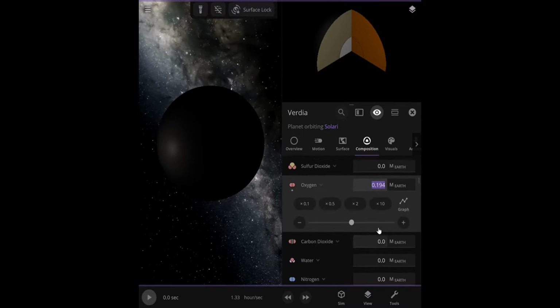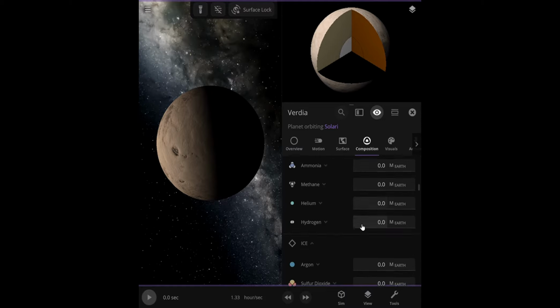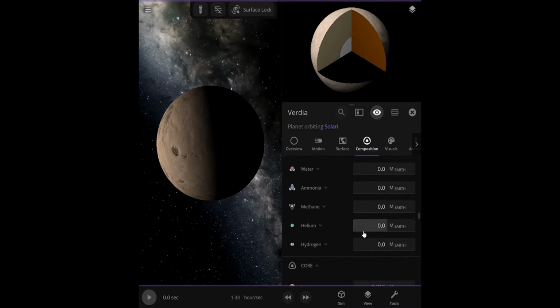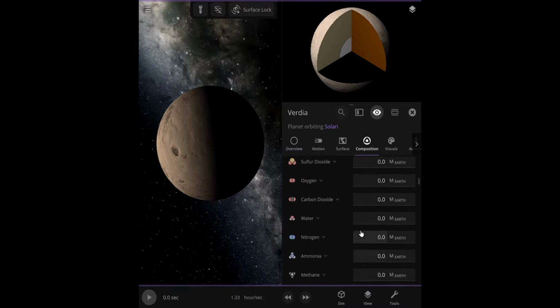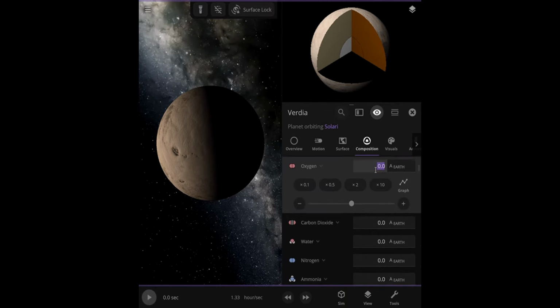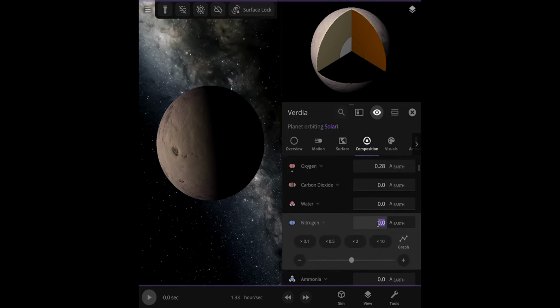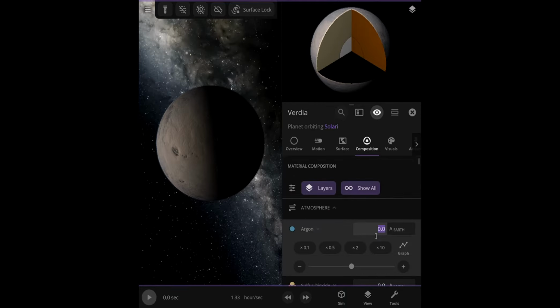It's nowhere else. Please tell me it's nowhere else. Good. Okay, go back to the atmosphere. It has 28% oxygen. It is 70% nitrogen with 2% argon. So that's how that works.